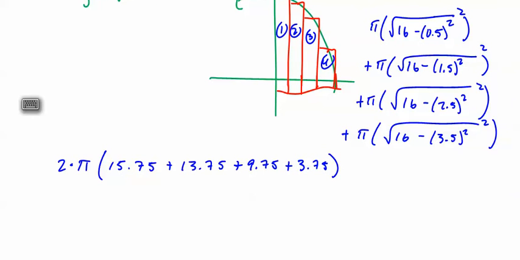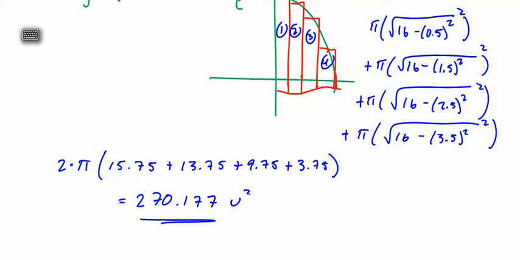Multiply that out. Times it by 2, times it by pi. And I get 270.177 cubic units.